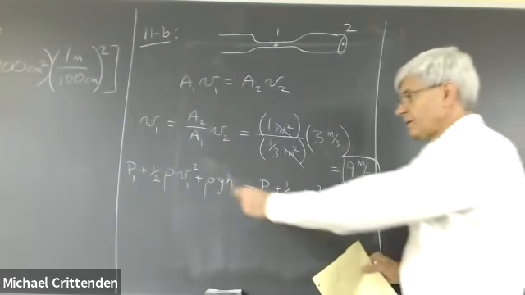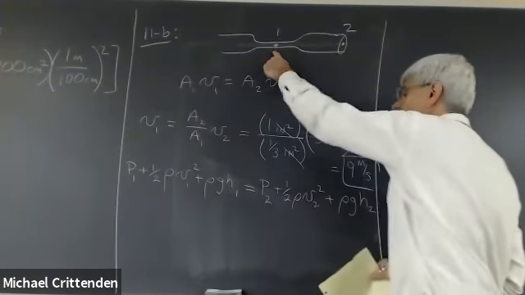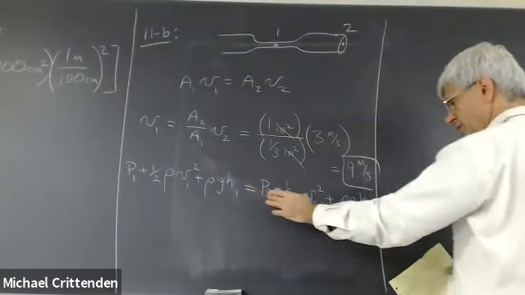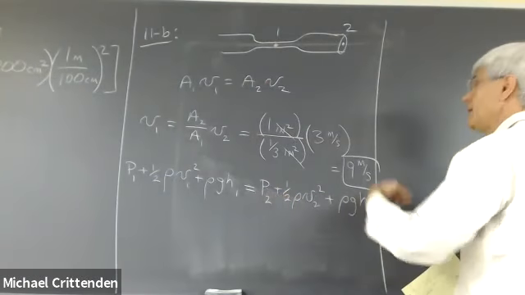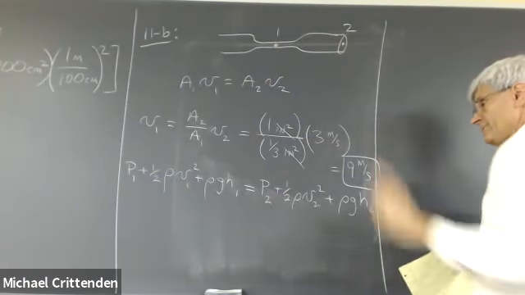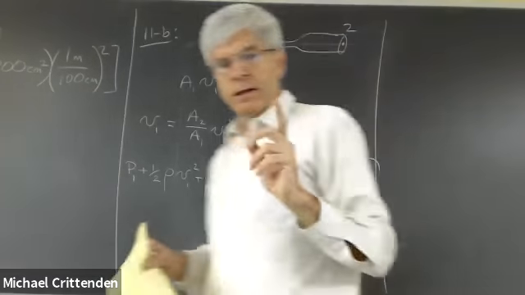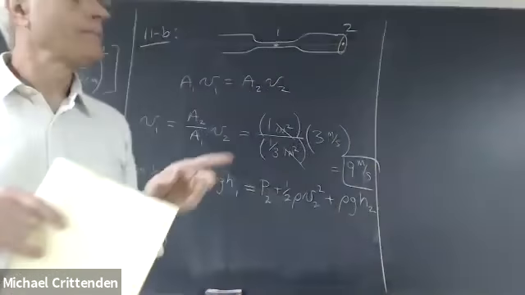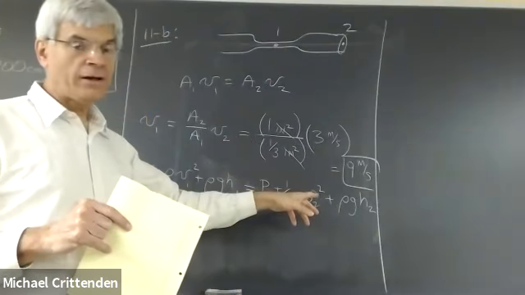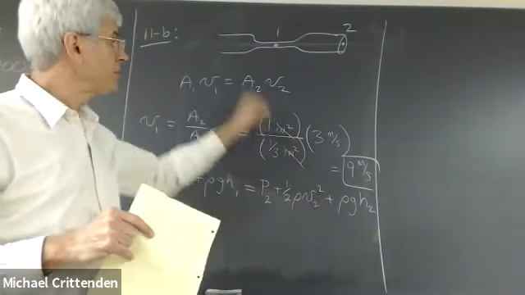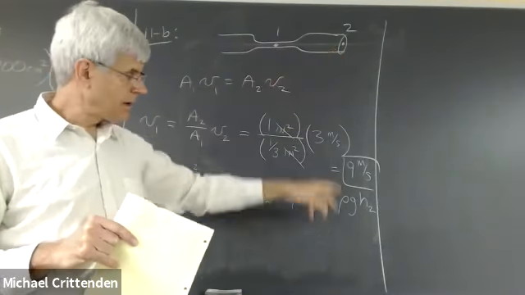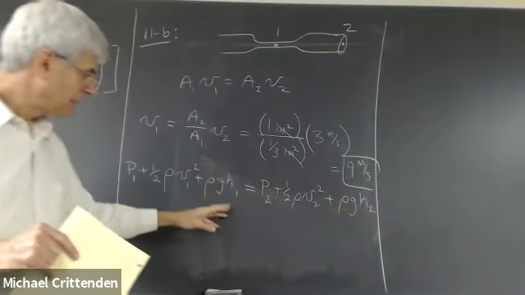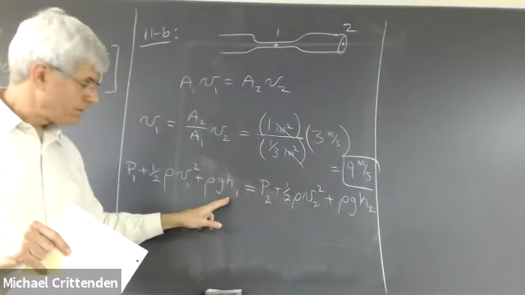In other words, if you write that quantity down for point number 1, it's equal to what you get if you write it down for point number 2. In this particular case, the potential energy terms drop out because it's a horizontal tube. H2 is equal to H1.